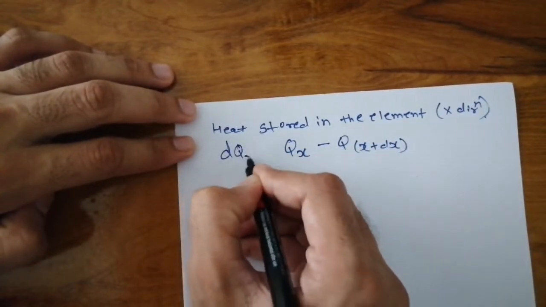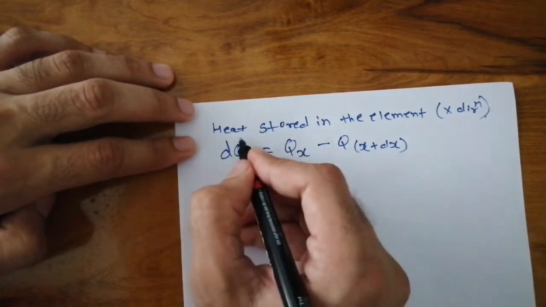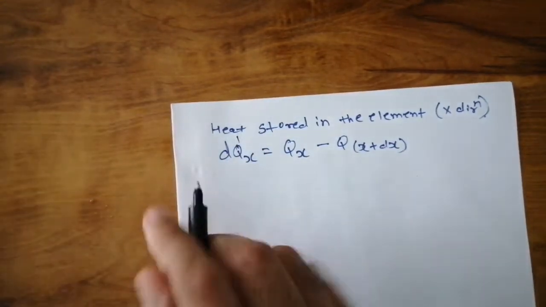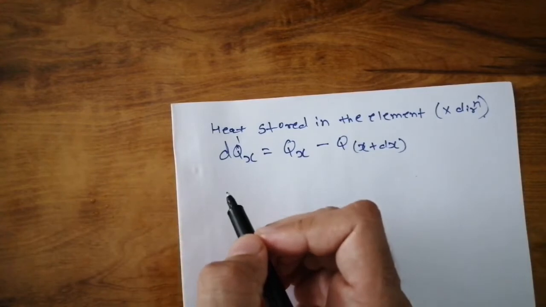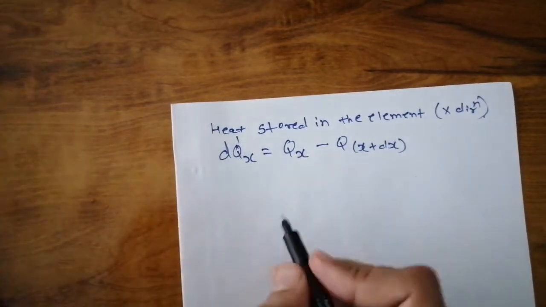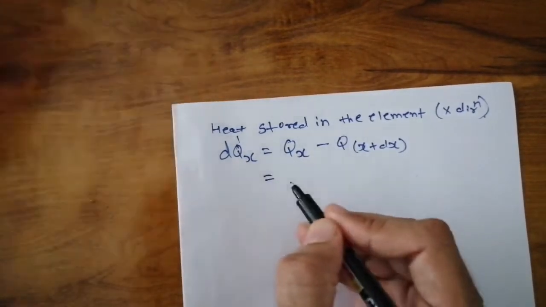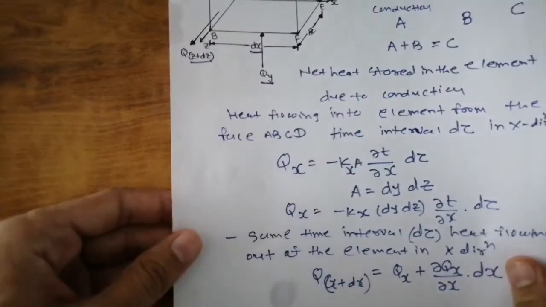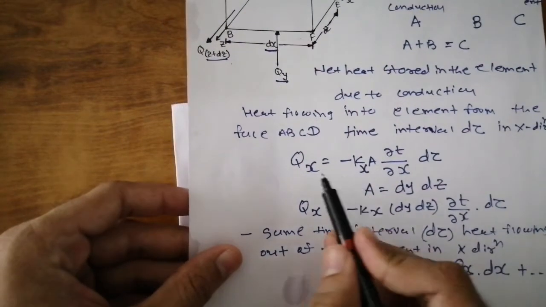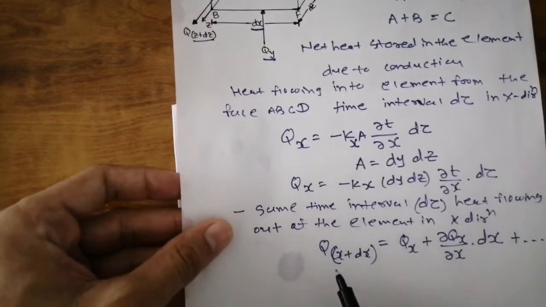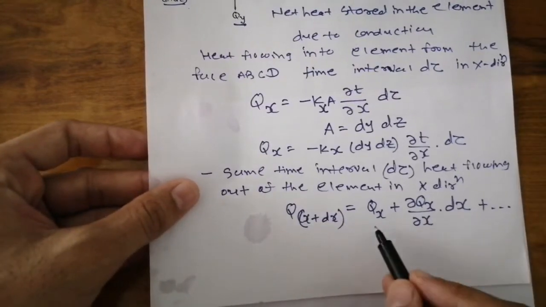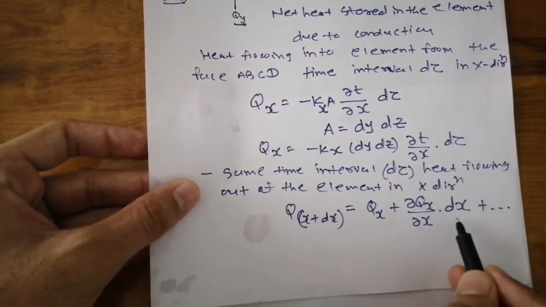Now we should write del qx per unit time. Now what is your qx equation? Already I told you the qx equation. And what is qx plus dx? Qx plus dx is equal to qx plus del qx divided by del x into dx.